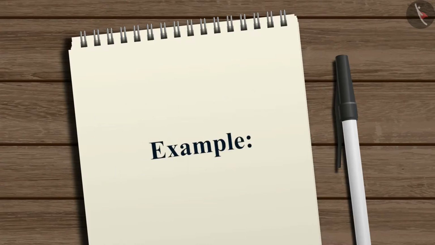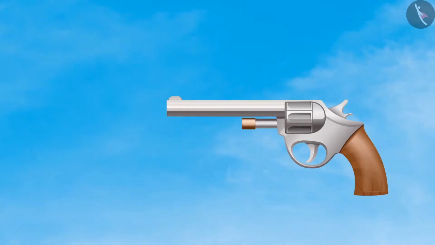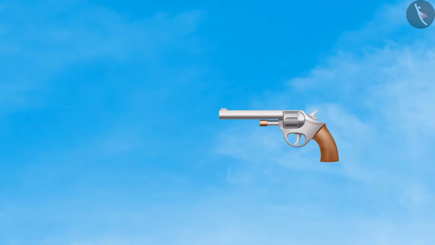Let us look at an example to understand this. Consider the case of firing a gun. Here, the gun exerts a force on the bullet in the forward direction when it fires.